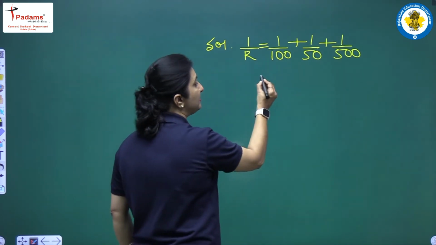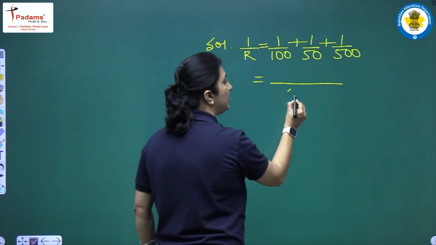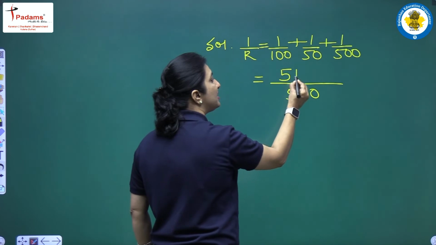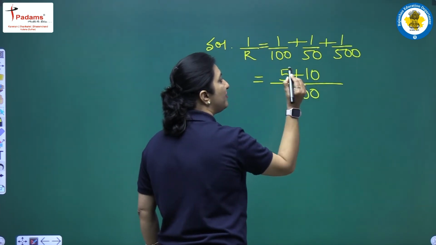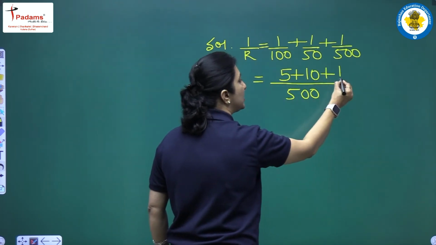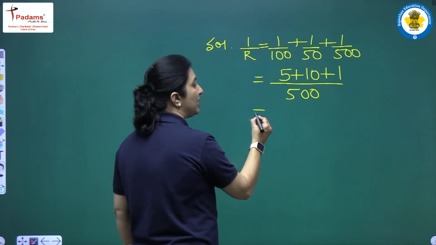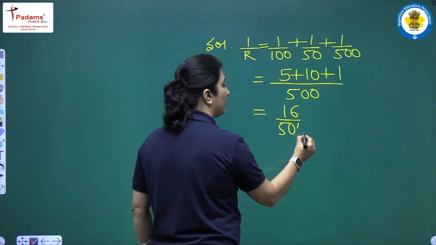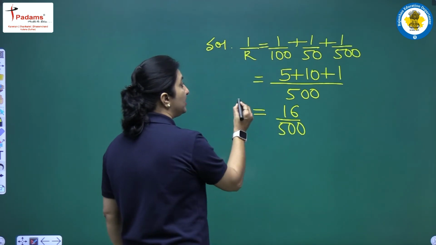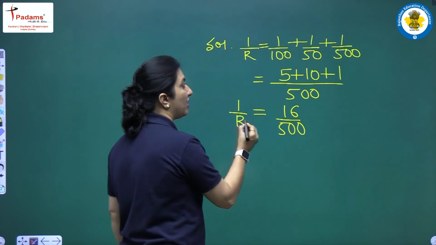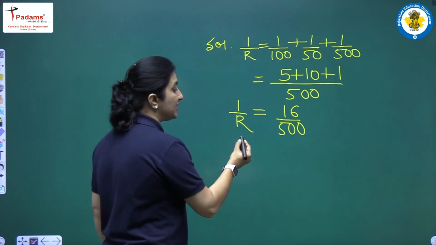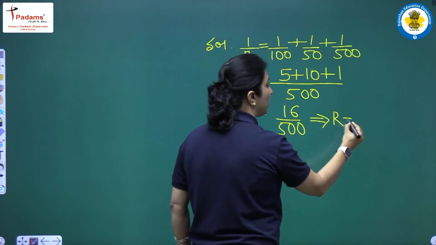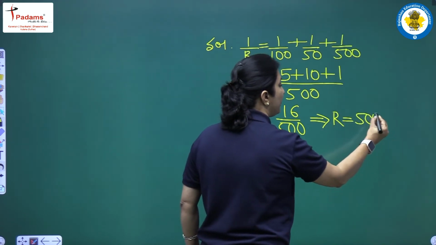On taking the LCM, the LCM here will be 500: 100 5s are 500, 50 10s are 500 and 500 1s are 500. So I will have 16 upon 500. Now this is 1 upon R.